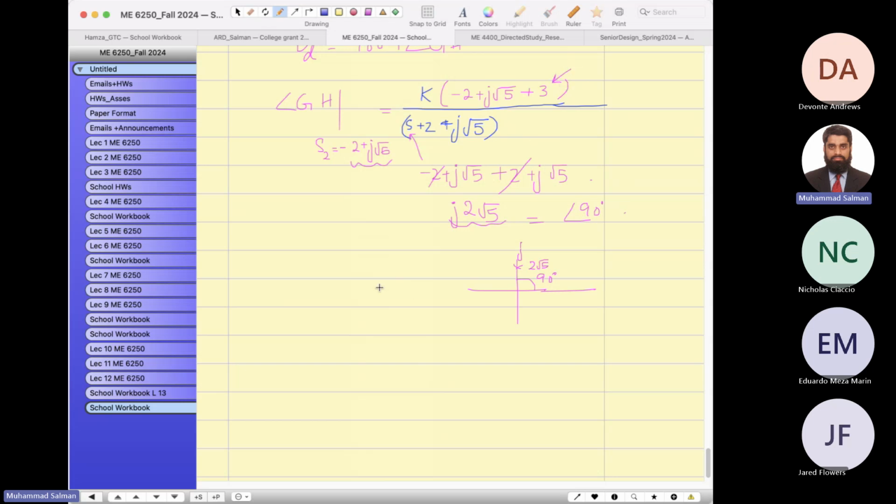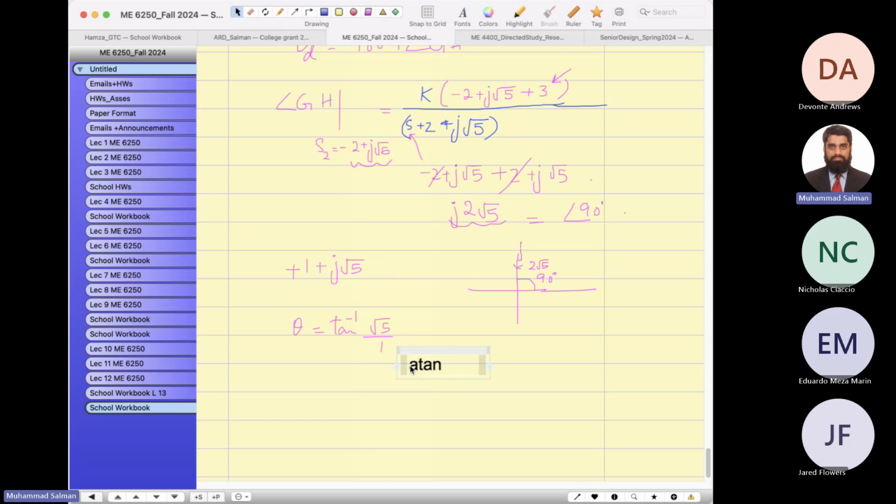What about the numerator angle? Let's find out the numerator angle. Positive 1 plus j square root 5. What is the angle for this location? We have to find it out. Theta equals tangent inverse of square root 5 over 1. Let me use my small calculator.